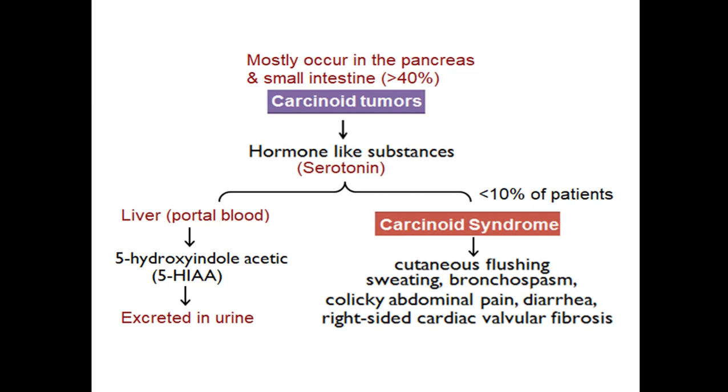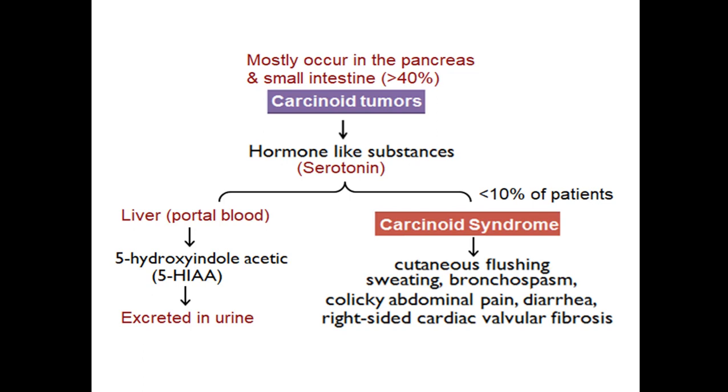This carcinoid syndrome is caused by the excess hormones that are not detoxified in the liver, and they stay in the circulation, and they can cause symptoms like cutaneous flushing, in which the face and facial region of the patient appears red due to vasodilation and increased blood flow. As we know, this cutaneous flushing is particularly caused by the vasodilators, the prostaglandins, and the bradykinins.